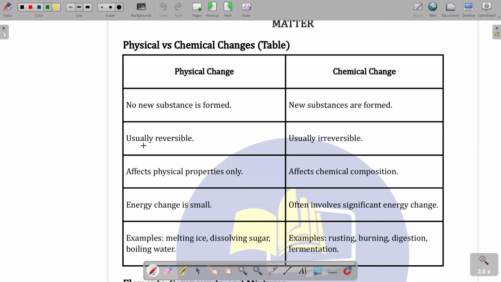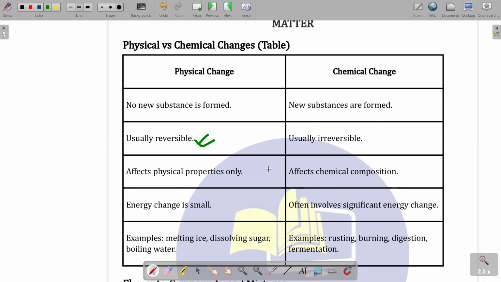So usually, as we have looked at in the change of states, generally physical changes are reversible. That is, you can move forward, you can also move backward. A reversible reaction is a reaction that can proceed in two directions. The reactant turns into product and the product can go back. That's what we call a reversible reaction. So generally, physical changes tend to be reversible.